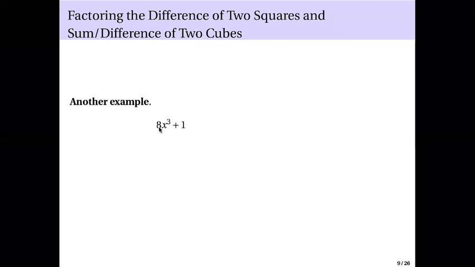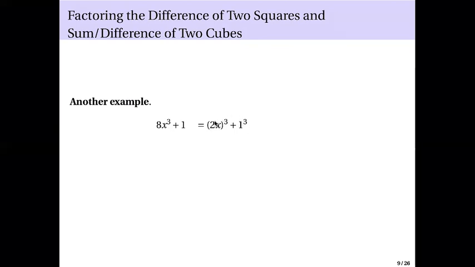So this 8x cubed is equal to 2 cubed x cubed, and therefore it can be written as 2x quantity cubed. And of course, 1 is just 1 squared. That's also equal to 1 cubed, 1 to the 4, etc. But we just use the 1 cubed.